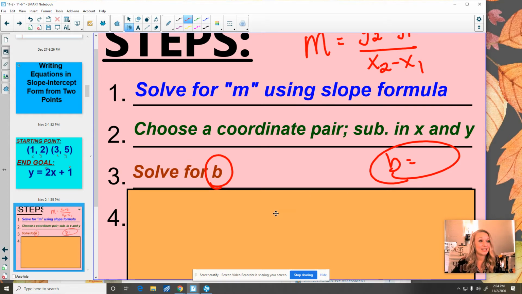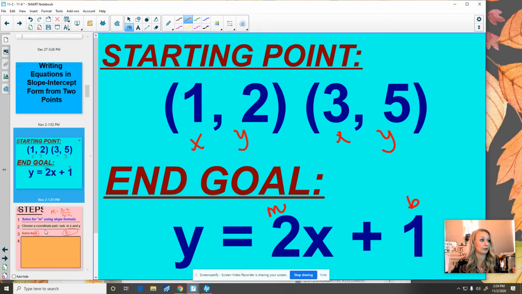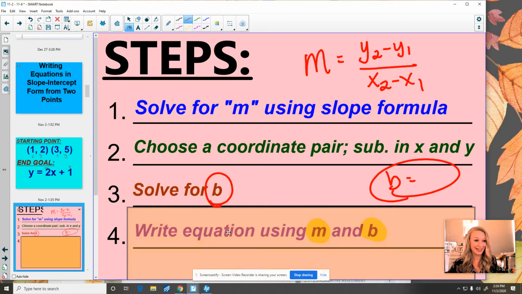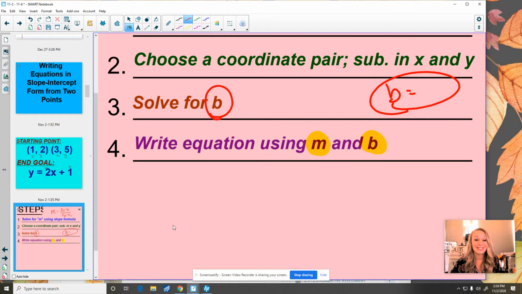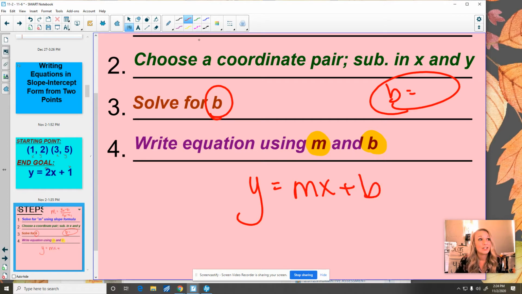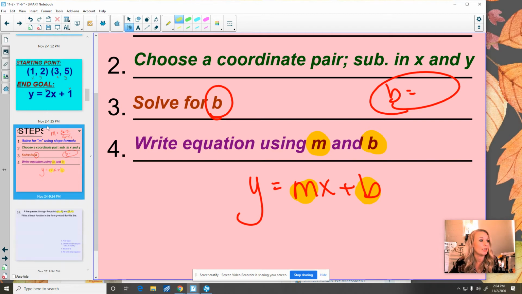The very last step is for you to plug that into your slope-intercept equation with those two values. So you've got y equals mx plus b here. You would take the values that you just calculated and plug them in for m and for b right here. So let's go through two examples just to put all of those steps into play.